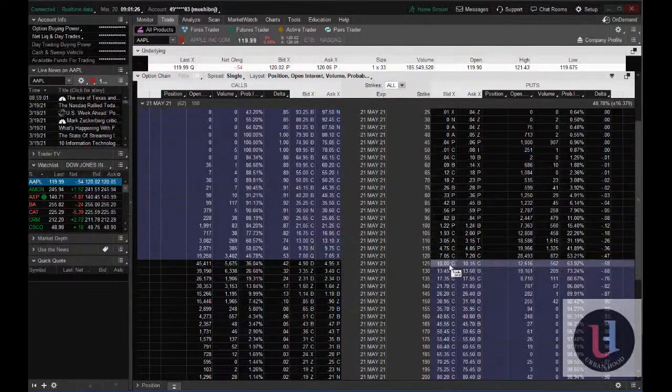So meaning, let's say we see that Apple 130 is $13, but remember, in a put, if the price goes down, you're going to make money, right?